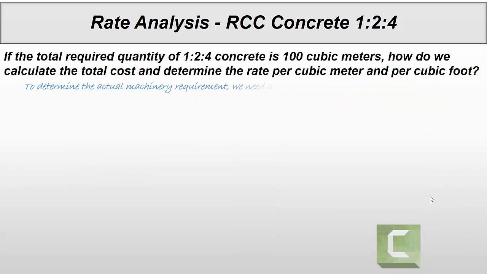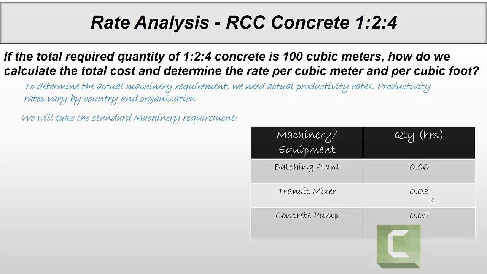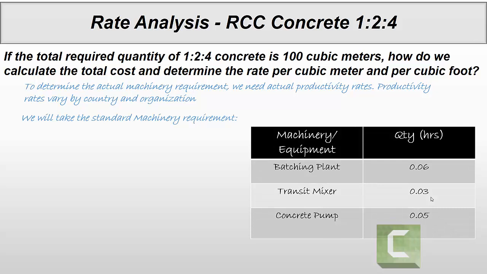For machinery, we also need productivity rates, and machinery productivity also varies by country, organization and nature of work. So we will take standard machinery requirements. For 1 cubic meter, batching plant 0.06 hours required, concrete mixer 0.03 hours and concrete pump 0.05 hours required.